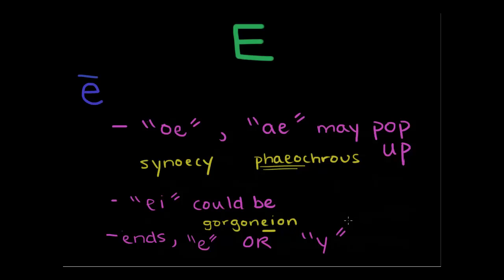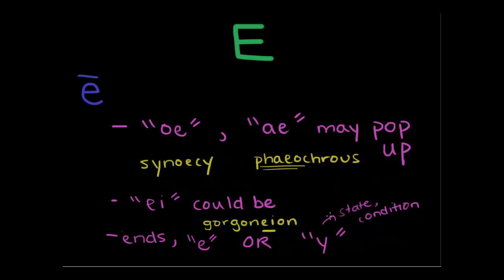Well, lots of words end in Y, which usually means state or condition at the end of a word. An English word would be like slavery or bakery. Y is usually a state or condition, and that holds true for Greek words.